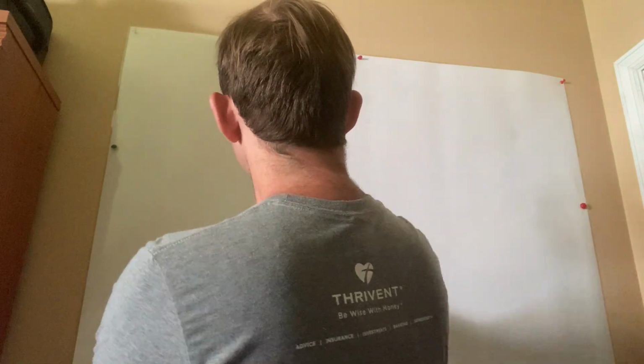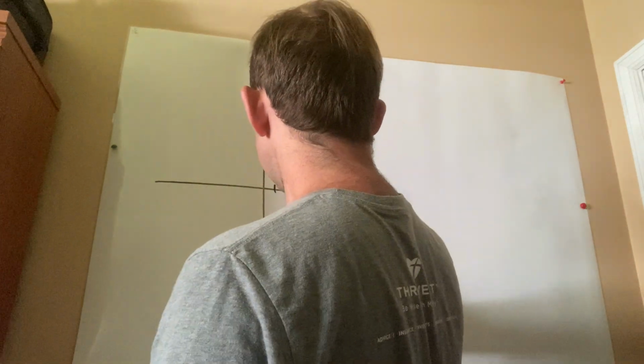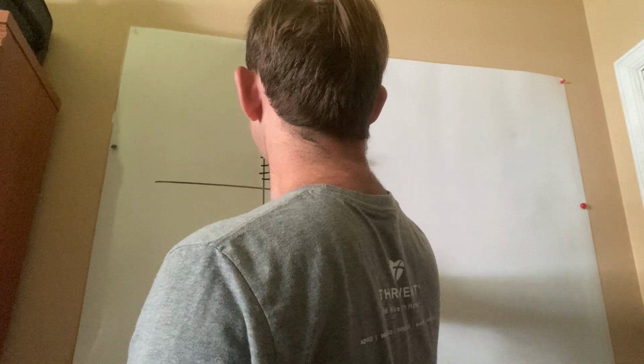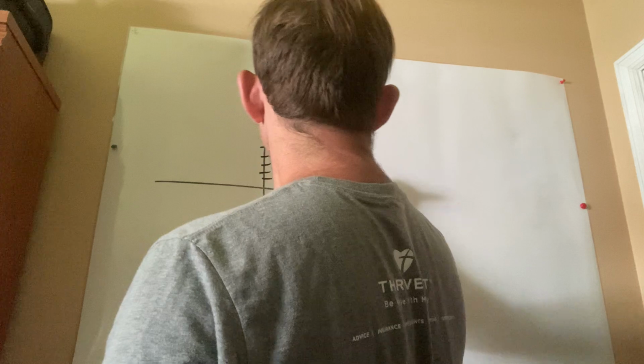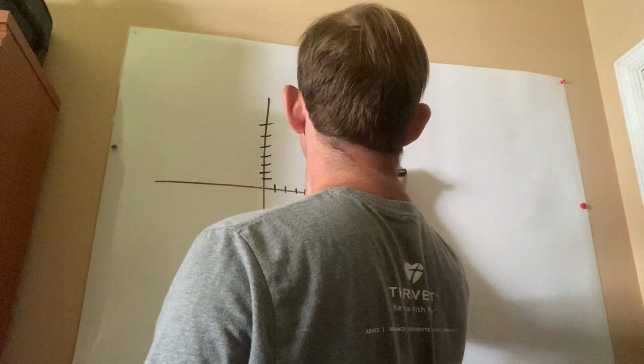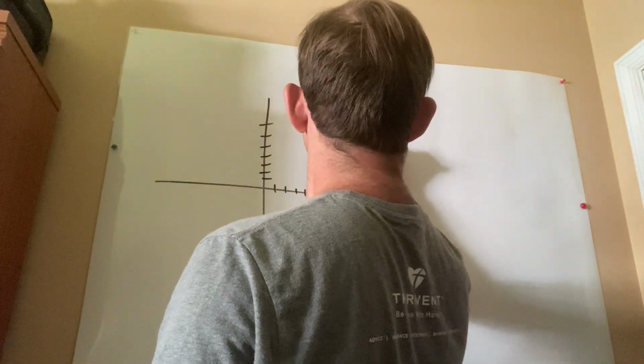So first things first, let's get our triangle graphed, okay? So we've got ourselves a little triangle here. So 4, comma 7. We've got 8, comma 5.